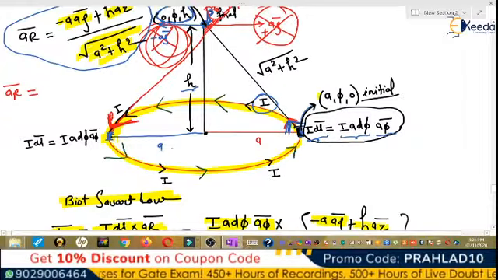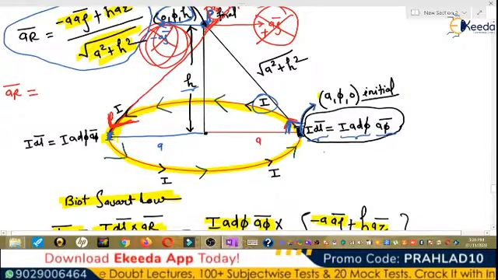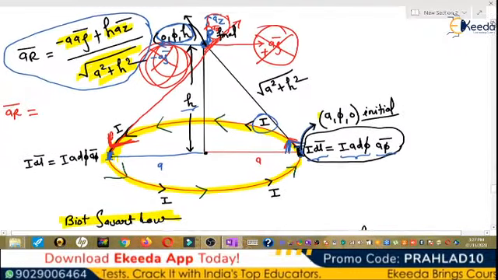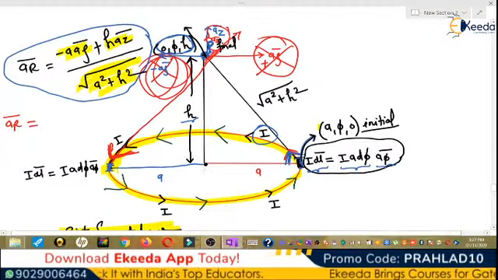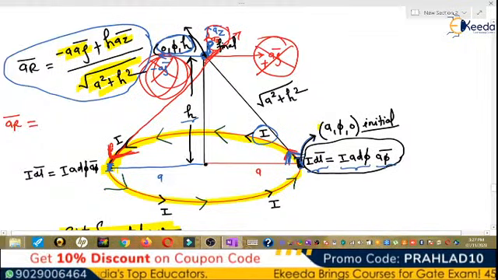Okay, so dl vector is I a d phi a_phi vector. We can take here a small segment, and dl vector is I a d phi a_phi vector, and the coordinates of this point is (a, phi, 0), and this will be the initial point here, and at the height h from this point, it is (0, phi, h).